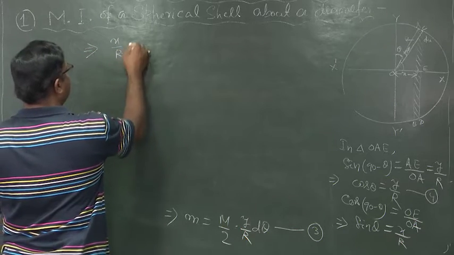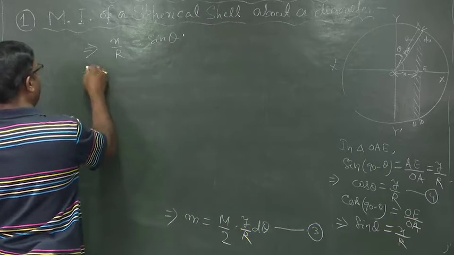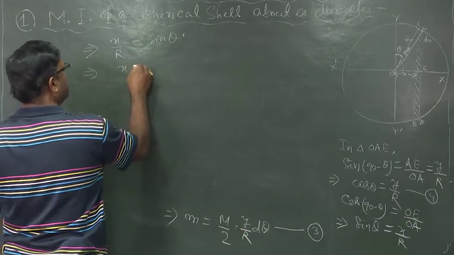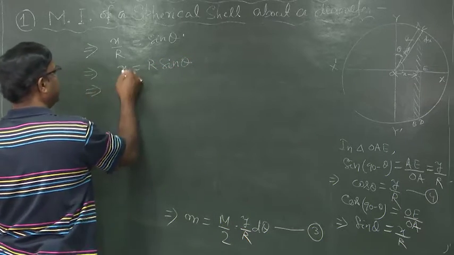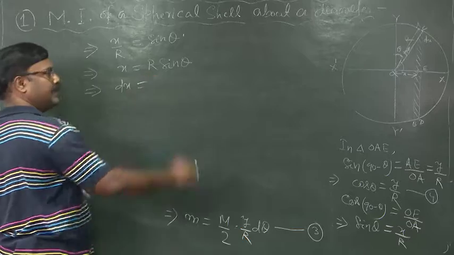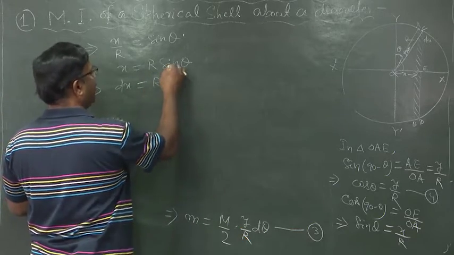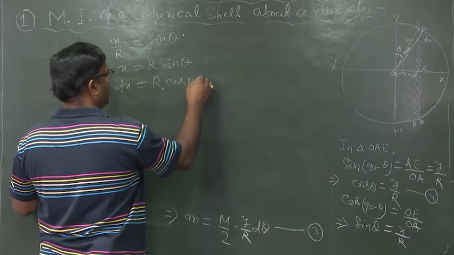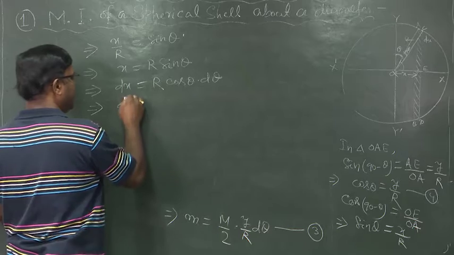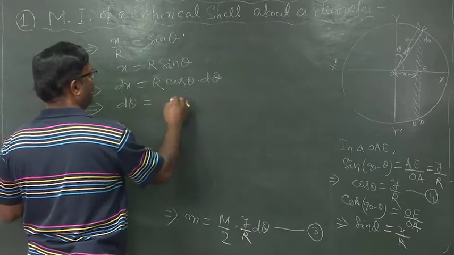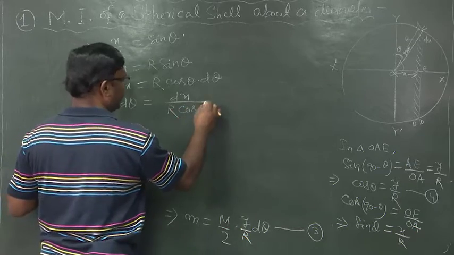So x by r is equal to sin theta, which implies x is equal to r sin theta. Taking the differential, dx is equal to r cos theta into d theta, which implies d theta is equal to dx by r cos theta.